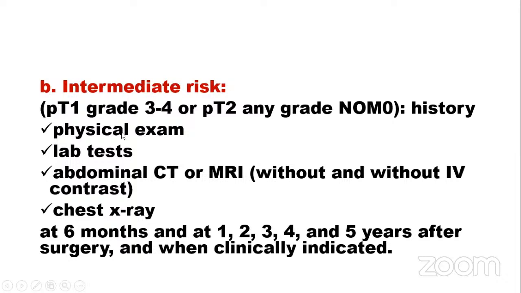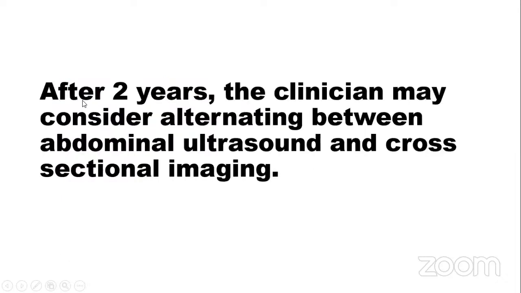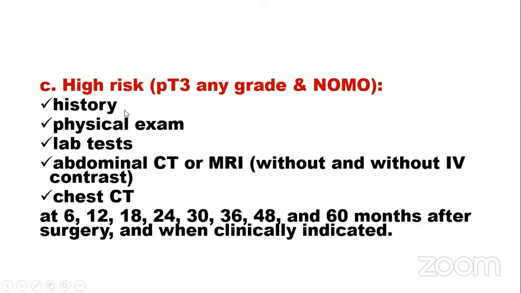All this must be done at 6 months, and then in the first year, second year, third year, fourth year, and fifth year after surgery, or when clinically indicated. This is for intermediate risk. Then after 2 years, the clinician might consider alternating between abdominal ultrasound and cross-sectional imaging.